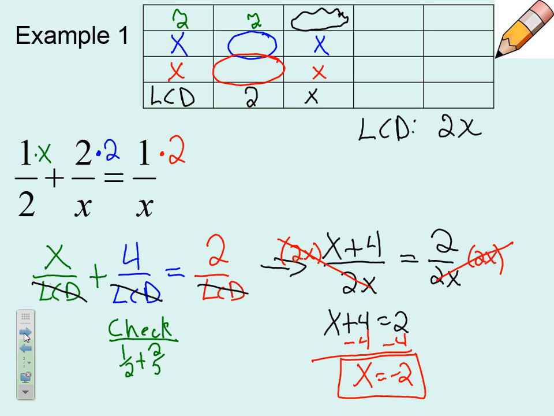So 2 over negative 2 equals 1 over negative 2. So I'll have 1/2 minus 1 equals negative 1/2. And yes, indeed, this over here is going to equal negative 1/2 equals negative 1/2. They are the same, so negative 2 is a solution.